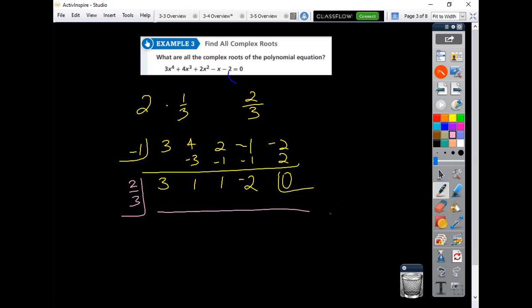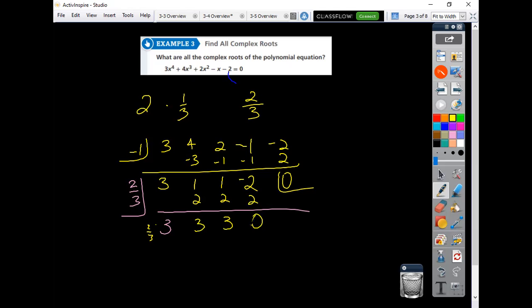So for that one, 3 times 2/3, the 3's cancel, give me a 2. Add straight down, I got another 3, so then that's the same thing, another 2. That's the same thing again, another 3 times 2/3 is a 2, add straight down, and I've got a 0.